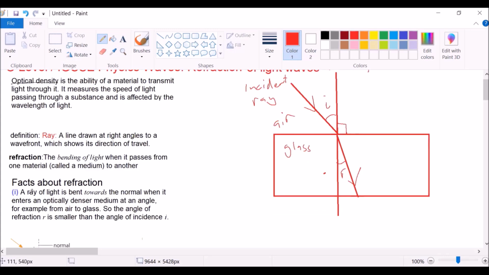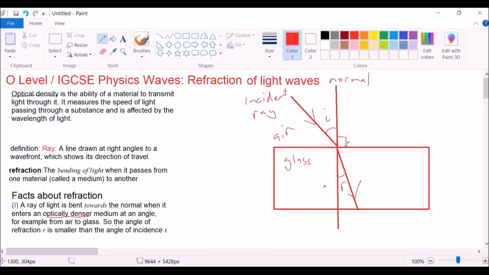Facts about refraction. A ray of light is bent towards the normal when it enters an optically denser medium at an angle. So we can see the angle of refraction, which is this one, is smaller than the angle of incidence.